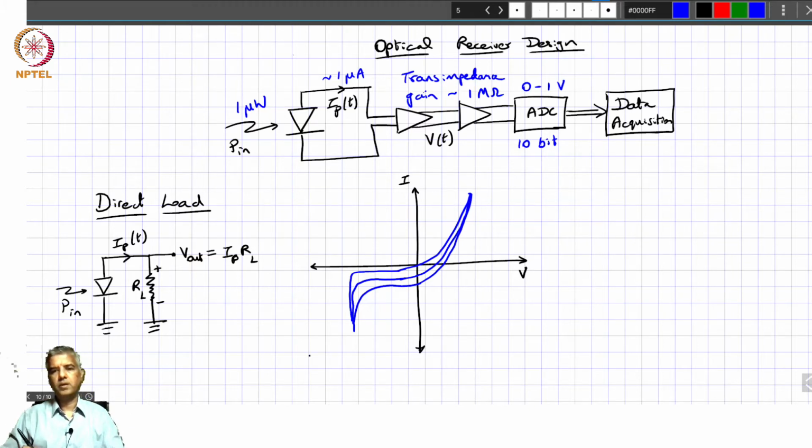So you'll have a corresponding increase as a function of increasing intensity, or the power that's incident on the photodiode.